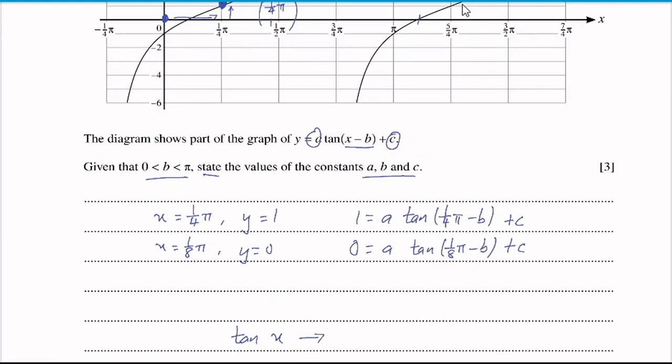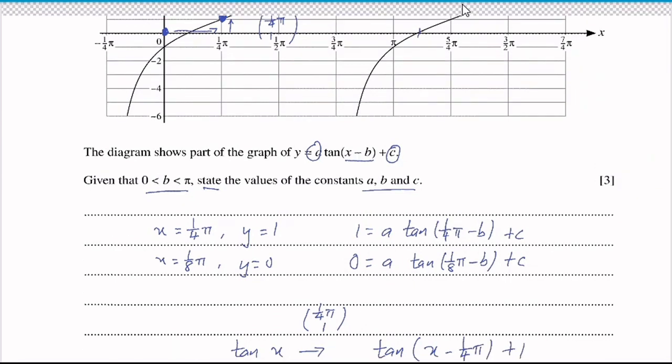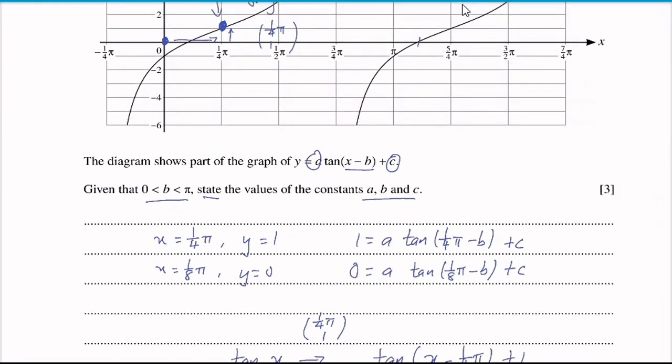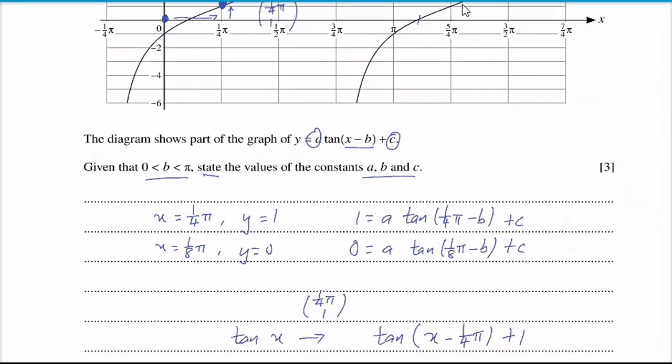If we undergo this transformation, it will become tangent of x minus 1/4 pi, plus 1. So this is what we actually suspected.